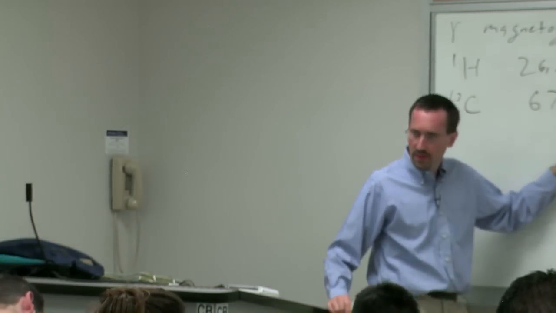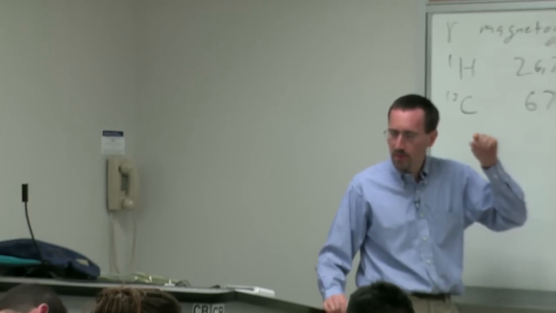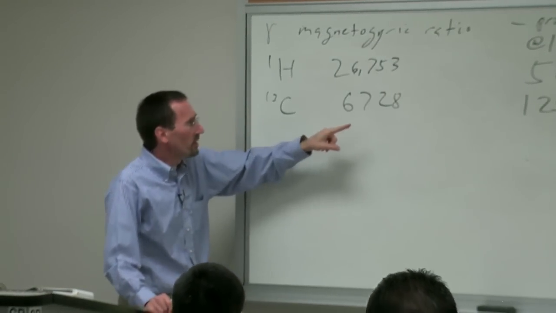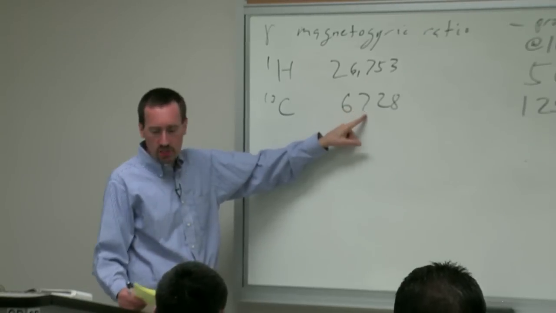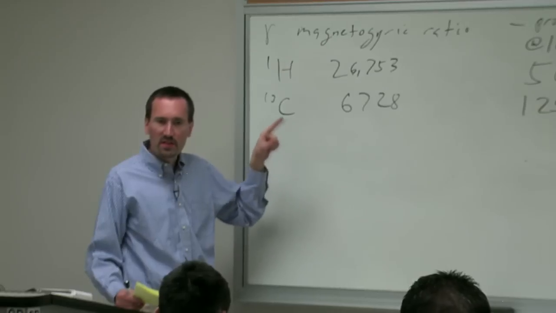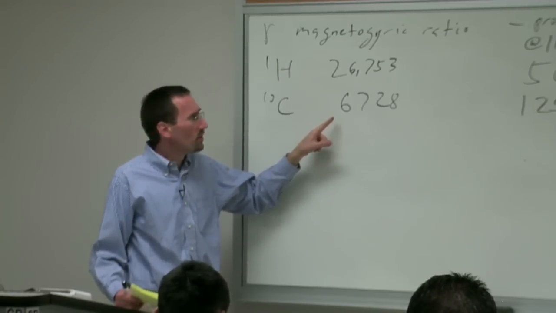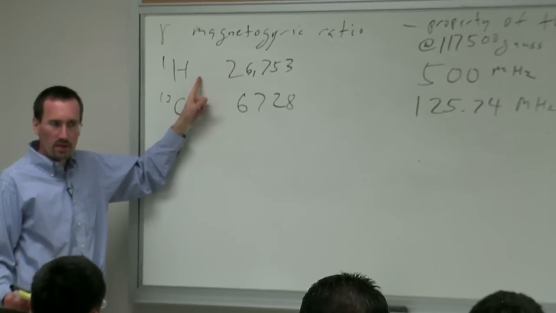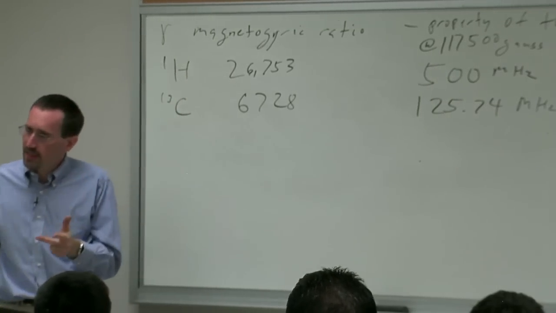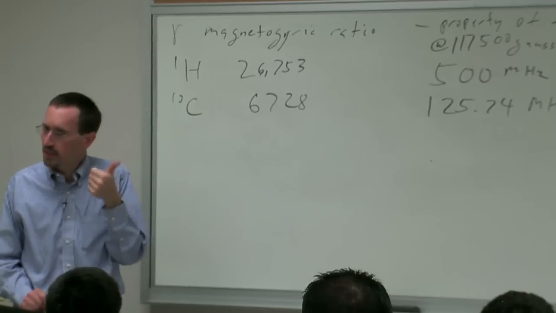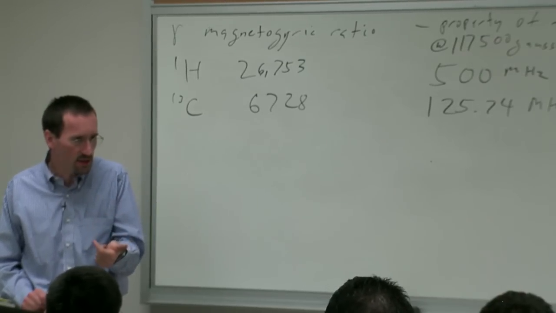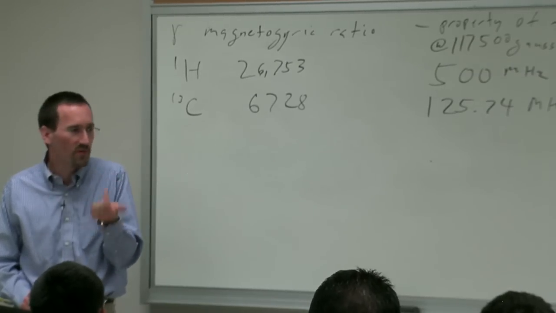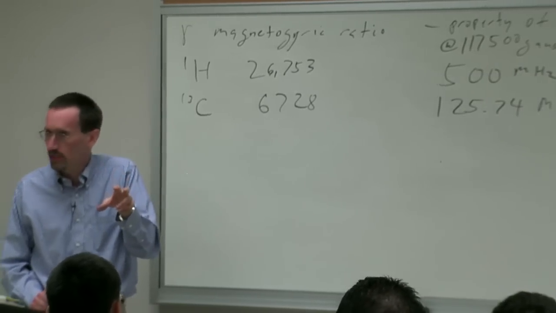So one of the implications, remember I said you were dealing with very small energy differences, is that the energy differences are even smaller for carbon than for proton. So now you're getting doubly damned for carbon because the natural abundance of C13 is only 1.1%. So most of your carbons aren't even C13.